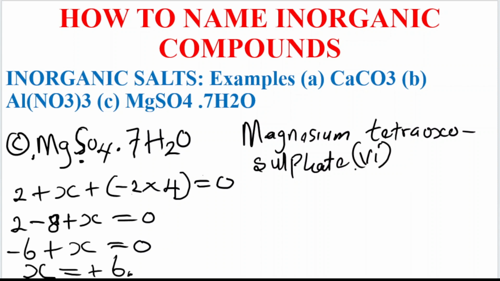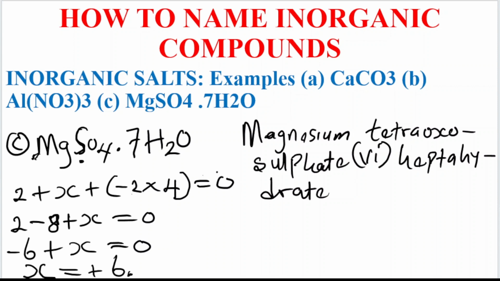Then we now add this water. This water is 7, and you know that 7 is hepta, so 7 hepta hydrates. Have you seen how I named it? From the front, magnesium, then I went to the back, tetra, because we have 4 oxygens.